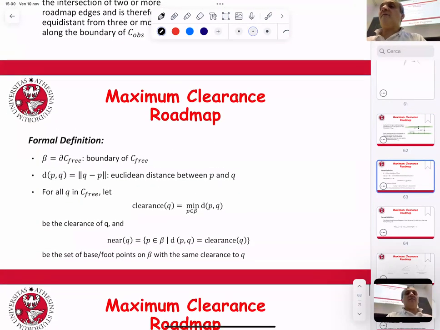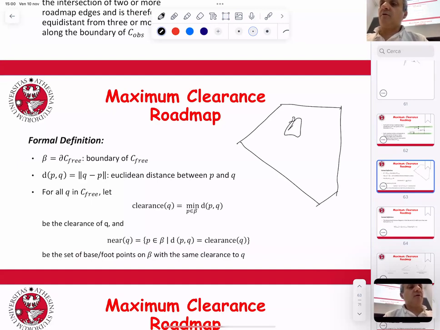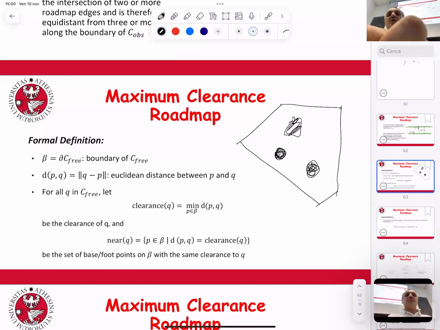Here we have a definition. Suppose we have our space with an obstacle in the middle, another obstacle here. Then you say, I consider beta as the boundary of C3.